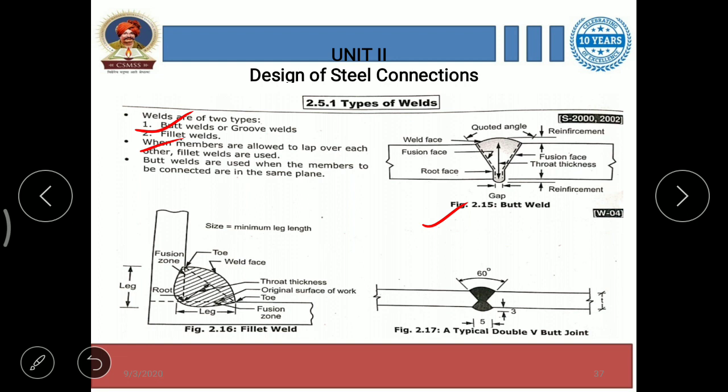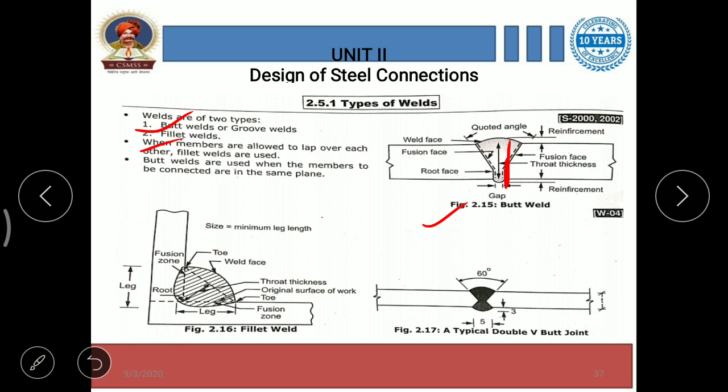The weld face makes an angle with the horizontal, that is called the coated angle. Here is the fusion face. Throat thickness is the total vertical thickness of the joint. Then reinforcement is also shown in this diagram.